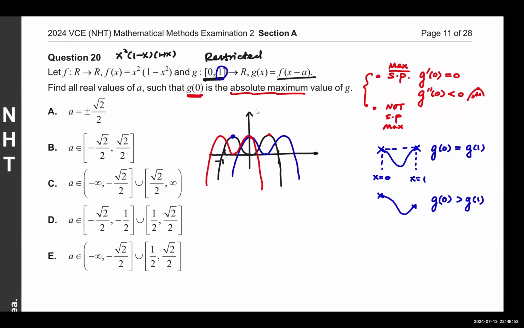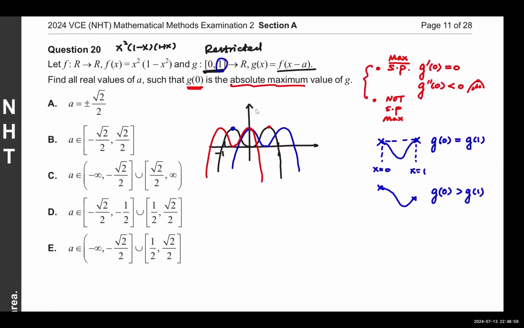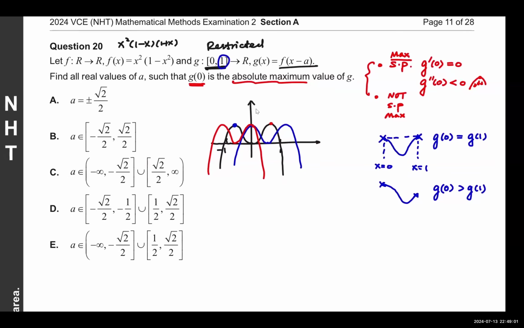If it's really a maximum stationary point, and I look at the gradient, sometimes it could be a flat point at x equals 0. Sometimes it could be steeper. Then at x equals 0, the gradient is 0 or less than 0.